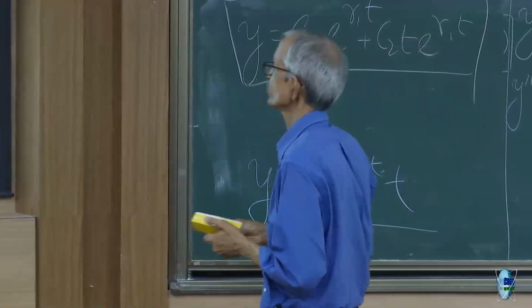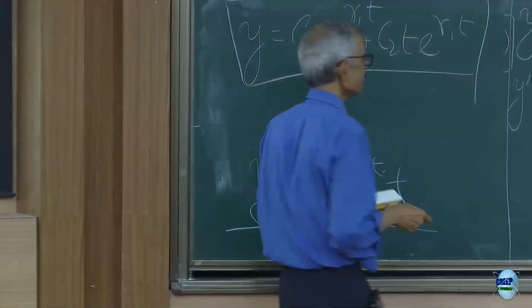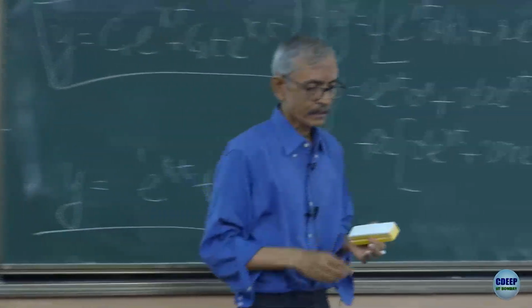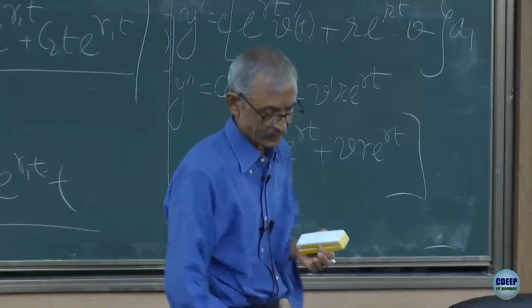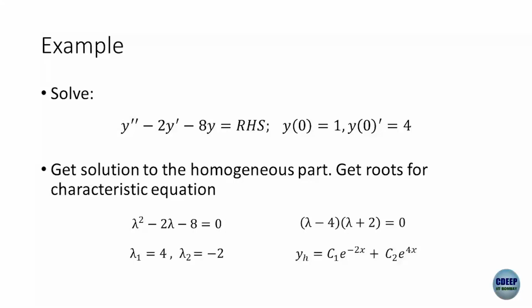All right. So what we are saying is that if we have a second order equation, we get a quadratic, which I can solve, and the roots could be real, in which case there is nothing to be done.